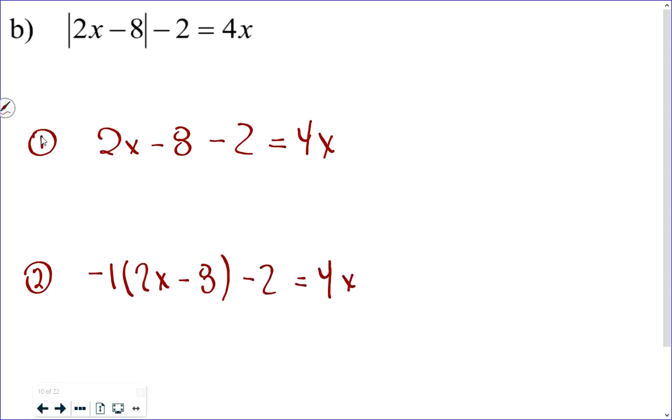And let's just imagine that you're very confused right now about that whole domain thing. That's okay. Can you solve these two equations? Yes. Can you take the answer that each equation gives you and check it against the original equation? Yes. So you can get the right answer. Let's do it that way first, and then I'll talk about the domain, which you're expected to know how to do for full marks.